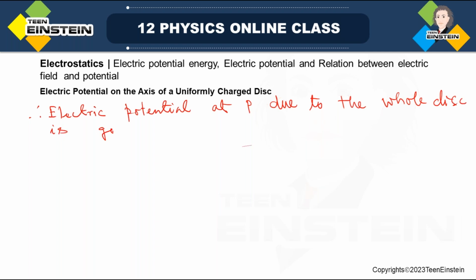This is given by V is equal to the integration from 0 to R of dV. Why have we taken this limit 0 to R? I'll tell you here.